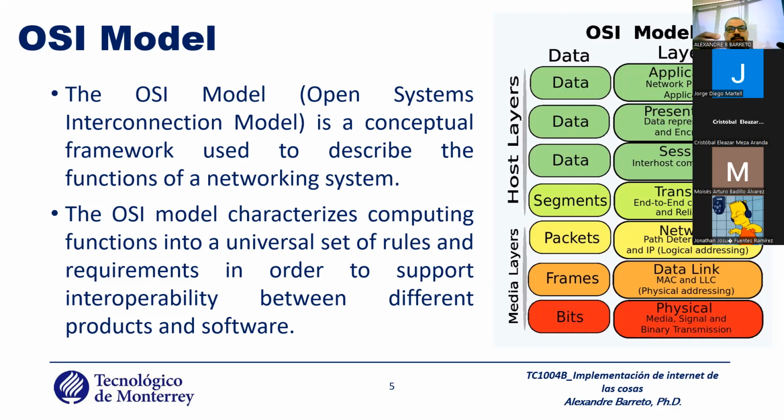Another one is how to define the path that the data you send navigates from the source to the target. There are a lot of functions that you need to establish one communication. In the beginning of the network, you didn't have this division.